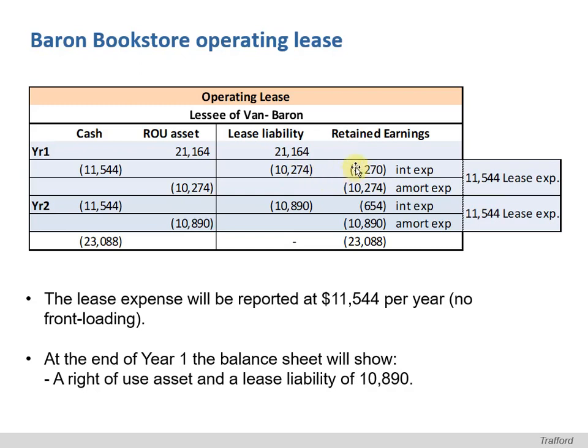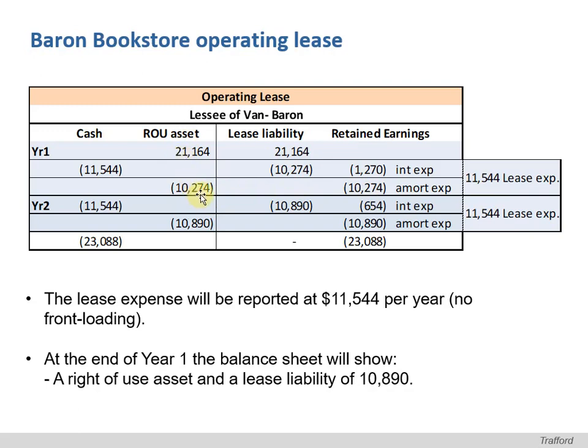So these two numbers come straight off of the amortization schedule, just like they did when we did a finance lease example. What's different here is how we compute amortization expense of the right-of-use asset. We don't just take this number and divide it by 2. We're not doing straight line amortization.